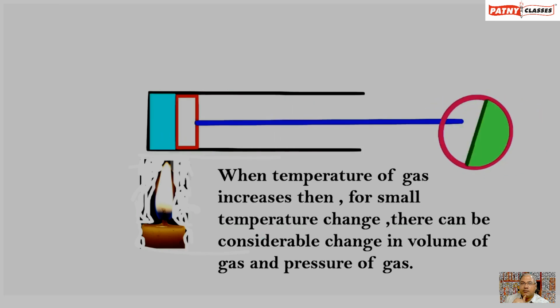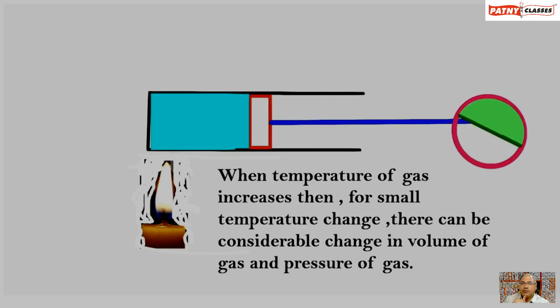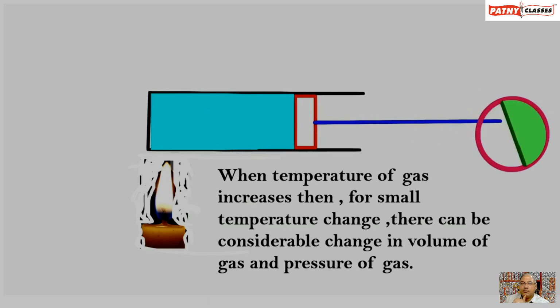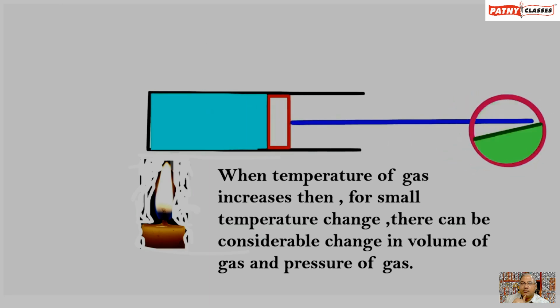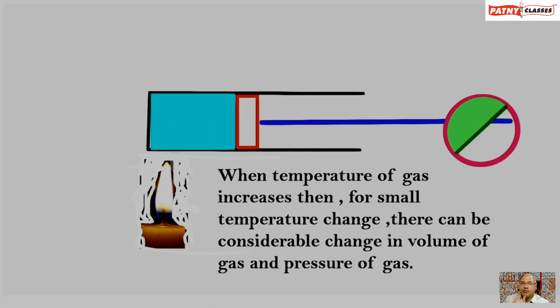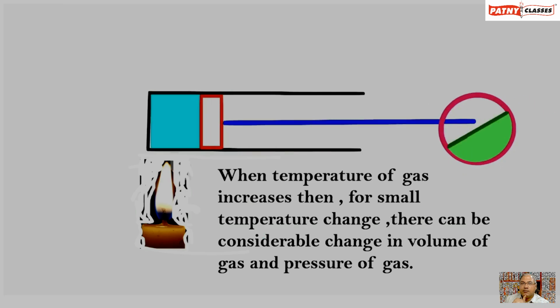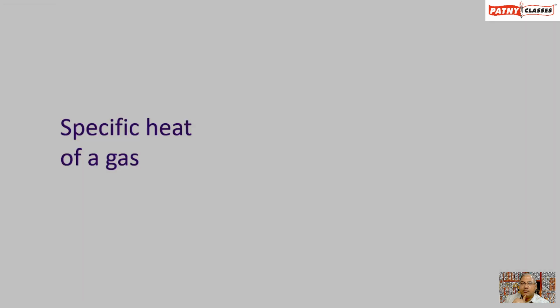Due to the heat energy, the temperature of the gas changes. And due to the change in temperature, a considerable change in the volume as well as a considerable change in the pressure of the gas is observed. Therefore, for gases, we need to talk about two types of specific heats.